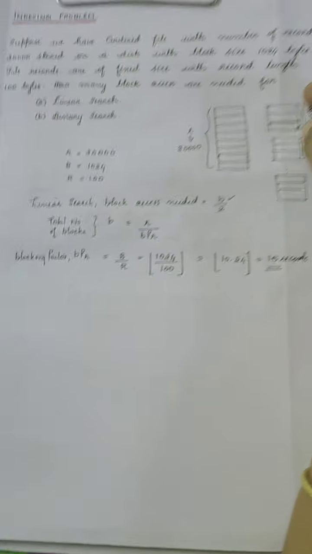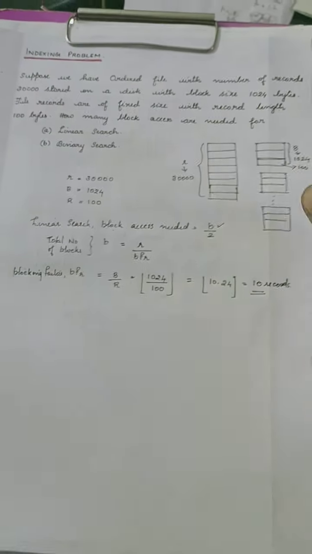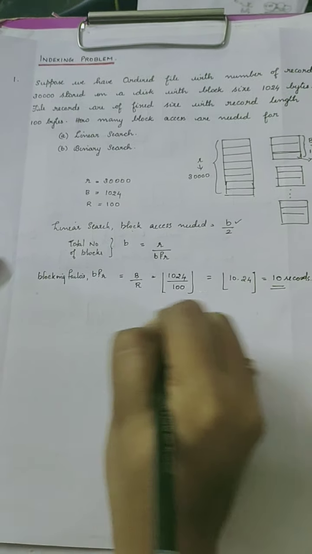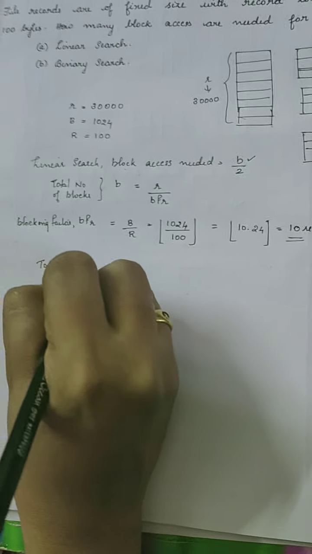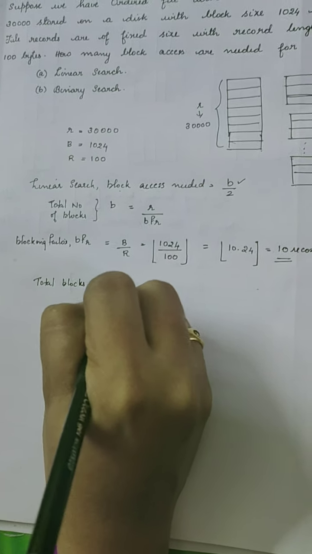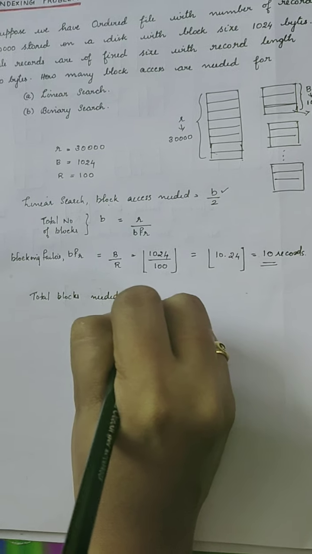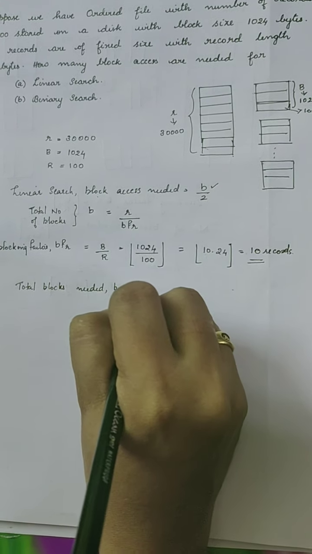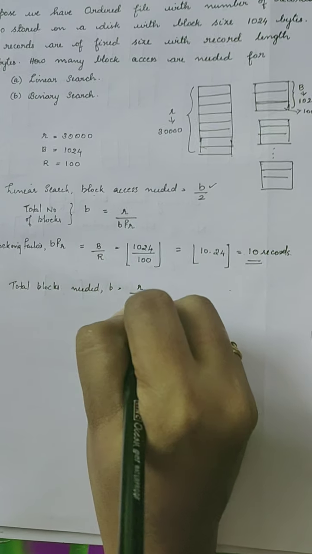Now we have to find the total. One block can hold 10 records, so how many blocks are needed to store these 30,000? That is our next aim. Total blocks needed, small b, is equal to the total number of records, small r, divided by the blocking factor.